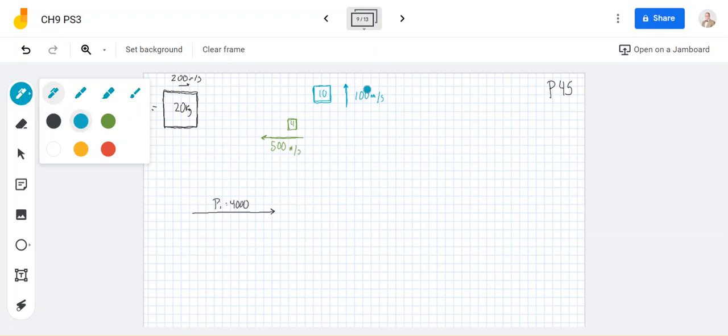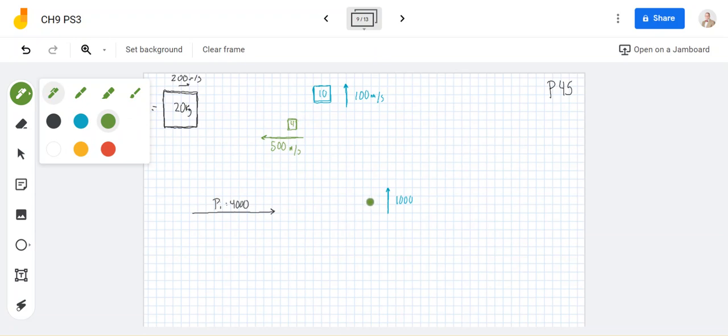What do we have after is the question. So this is 10 times 100, but it is in the positive y direction. So if I put that here, that's 1,000. So this is part of the PF, this is 1,000. Okay, this one here, it's 500 times 4.